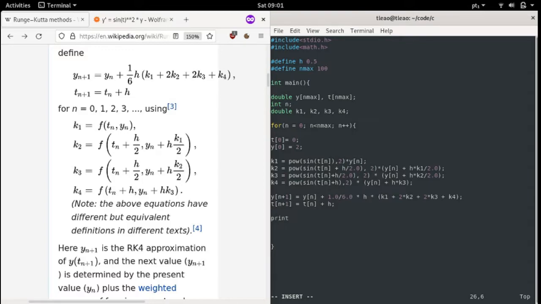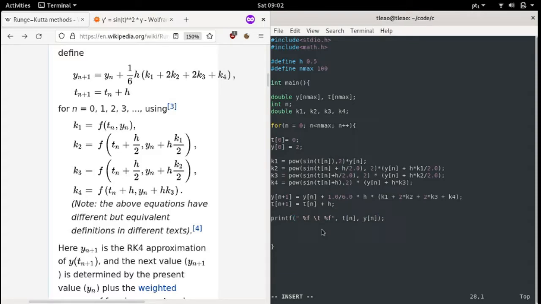Print float. Let's put a tab here. Gonna be clear in a minute why I'm putting a tab here. Float, and then we call these variables here, t of n, y of n.